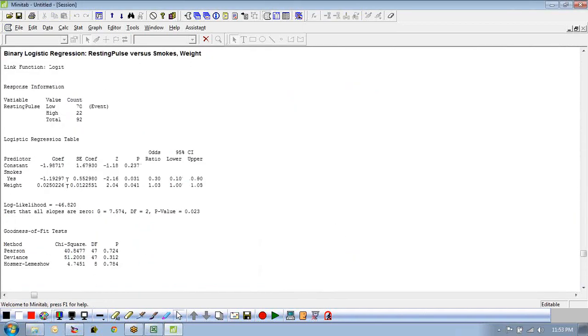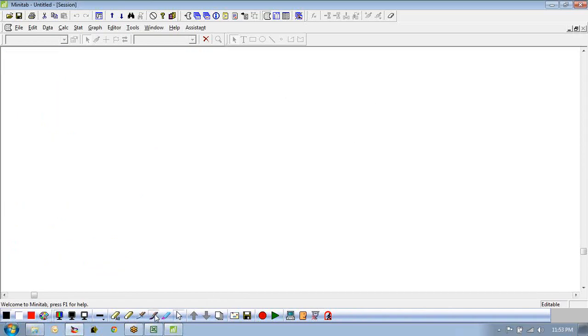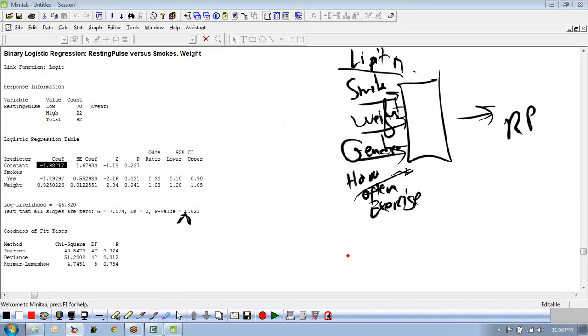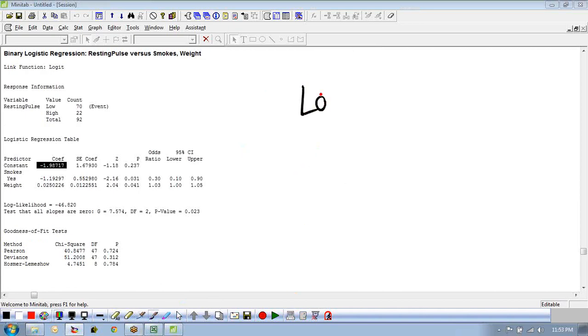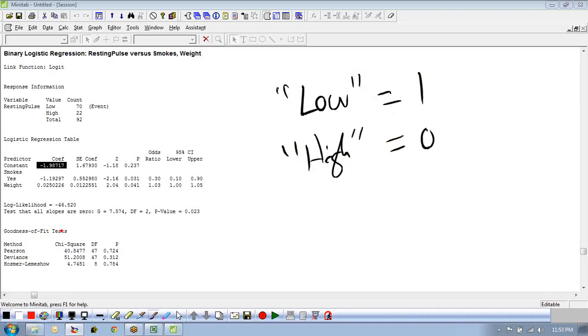You'll notice that it gives the same model but with negative signs on the coefficient. So it actually chose the low value to be 1 instead of high. Minitab chose to assign LOW equal to 1 and HIGH equal to 0, and we would have never known that.